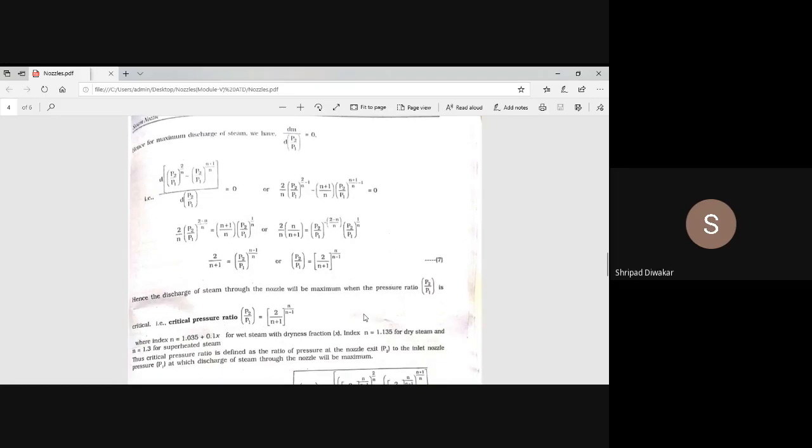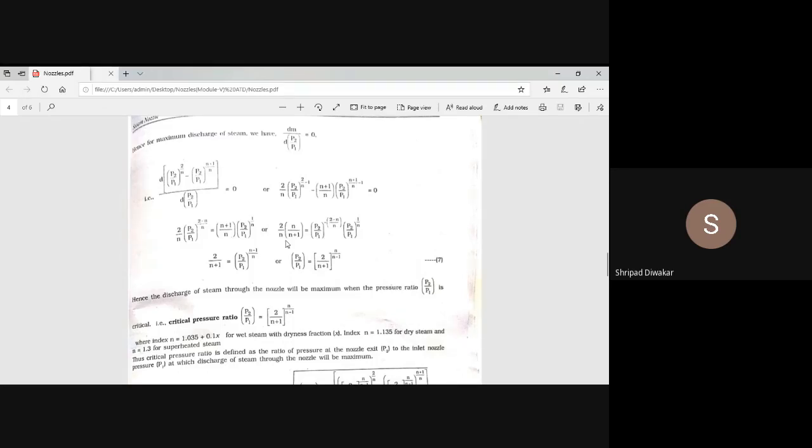So this is the most important equation for the pressure ratio. Equation number 7 gives the expression for the pressure ratio.